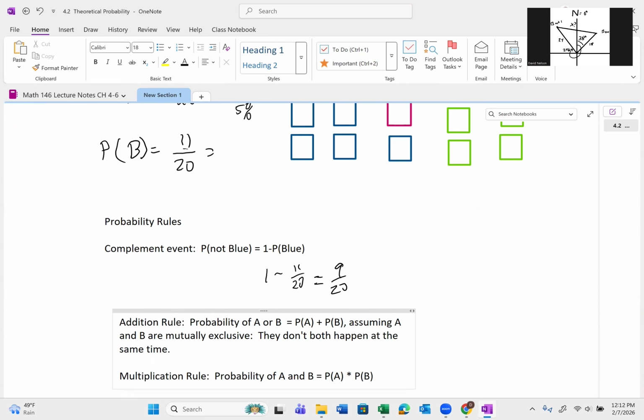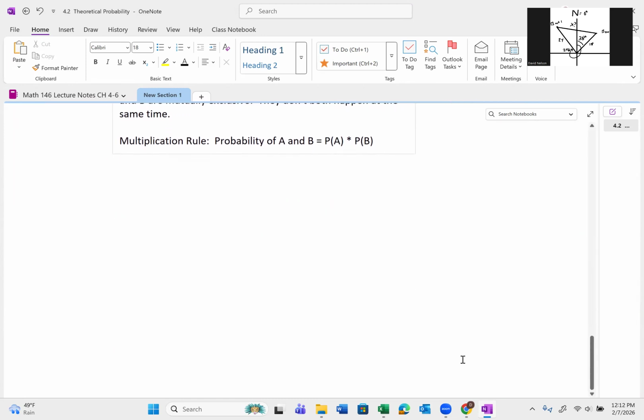A lot of times when you're looking at two random events, so in the addition rule, you're typically looking at one random event, but you've got two different outcomes as a success, and we can add the probabilities of each value independently. In the multiplication rule, you have two random events, and you can multiply the probability of the two things together.